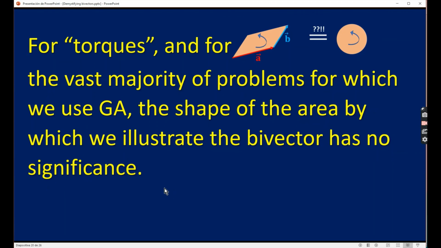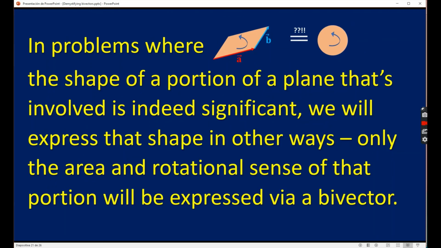The shape of the area that represents the torque or whatever is usually of no significance. So bivectors aren't used for representing shapes. We have other ways to do that.